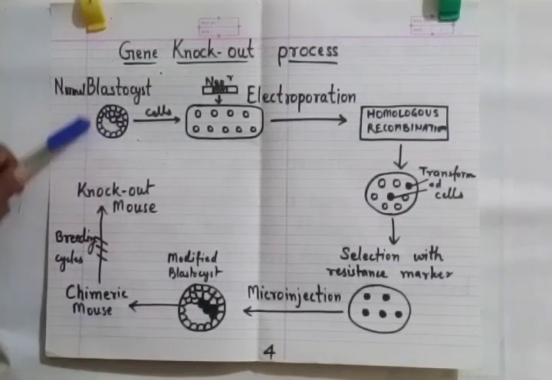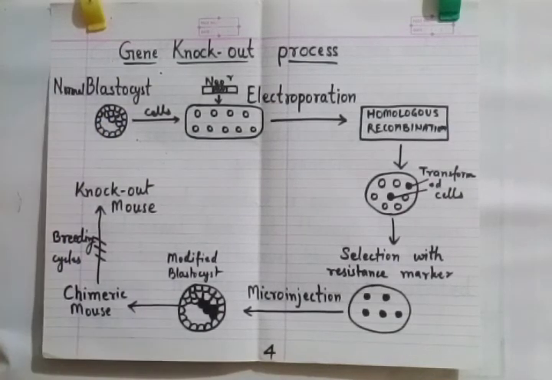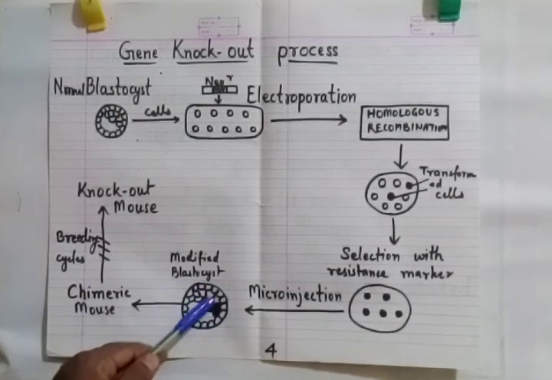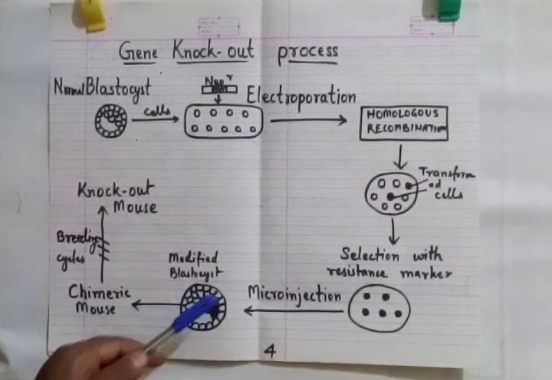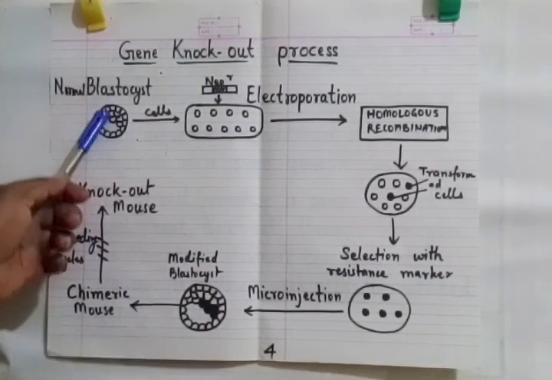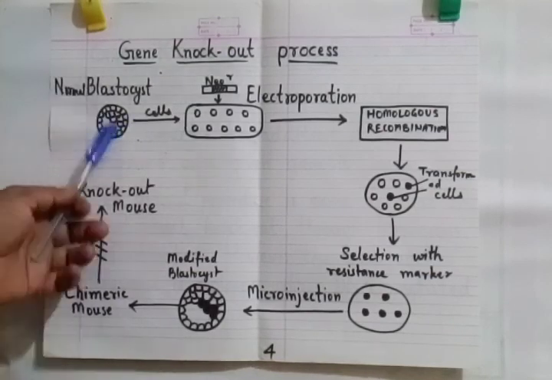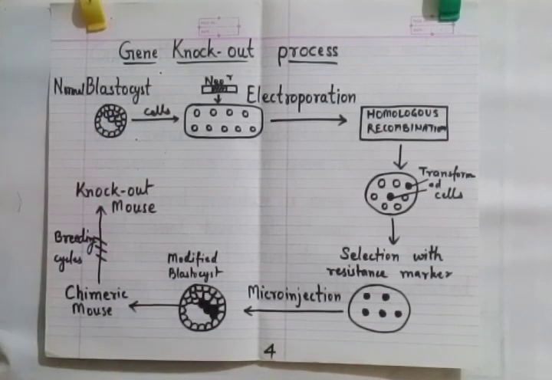So if a normal blastocyst is there, the mouse will be uniformly colored throughout, either black or white or any other color. But in a chimeric mouse, some portions of the body will have black, which is the original, and some portions will have white, which is chimeric, means those portions have come from these cells where neomycin resistance is there, but the original gene was missing. The gene was knocked out. Okay.